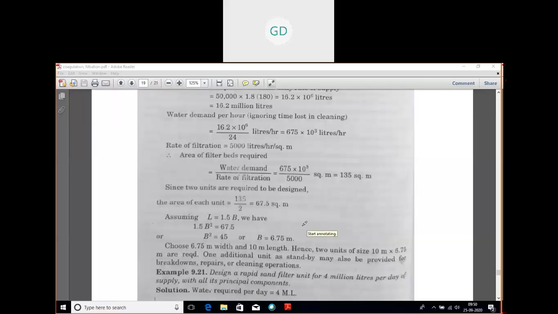Here it is mentioned that you need to design for a set of rapid gravity filters. That means you have to know that there are 2 rapid gravity filters, and we now need to find out the area for each unit. That means we divide the total area by 2. Then you got the area for each unit as 67.5 square meter.